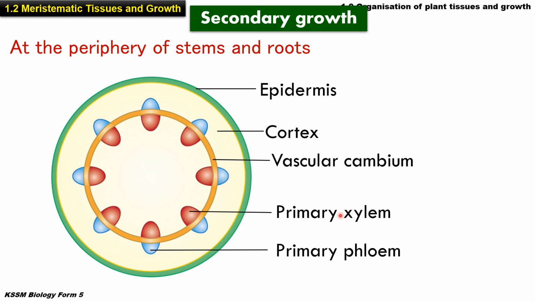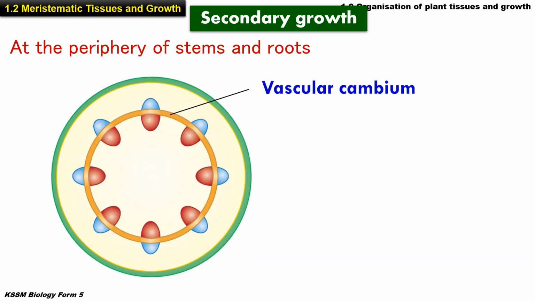Tapi before this, you just learn xylem phloem. So, sekarang ni, bear in mind, we need to differentiate the xylem ada primary and secondary. So, mula-mula dia ialah primary xylem, primary phloem.